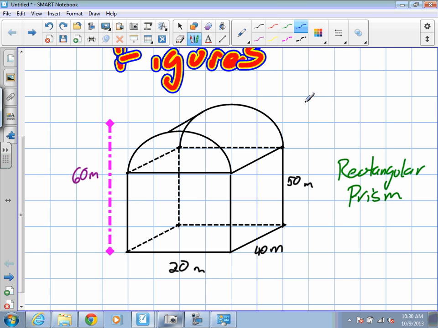And what other three-dimensional shape do we have? We have half of a cylinder. It's a cylinder. It's a three-dimensional shape.